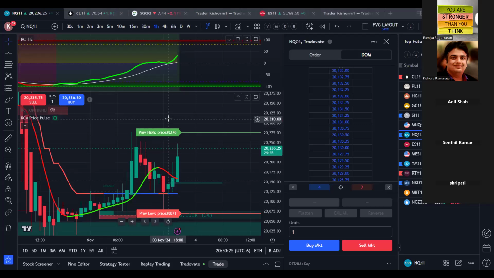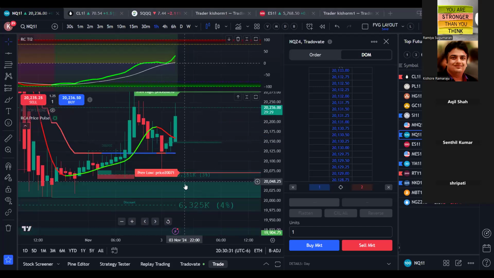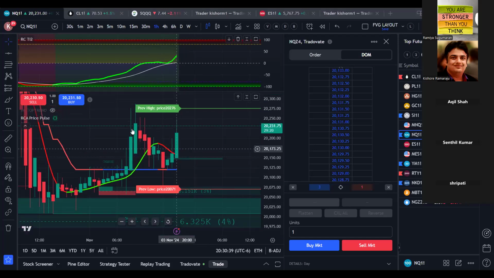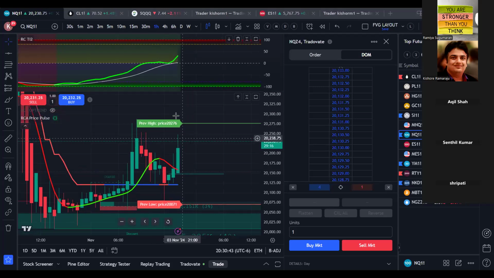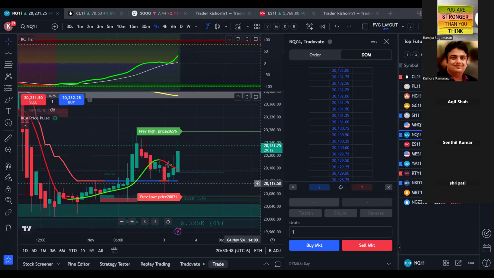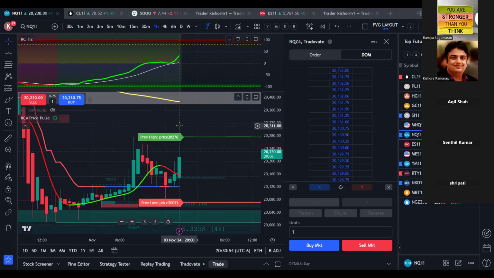For example, tomorrow morning you may see it at 20,300, or somewhere around 20,071, meaning around 20,050 or 20,040. Until that time, if you are having problems with scalping using top trend, or with your emotions, this is a consistent strategy where you can easily make profits.